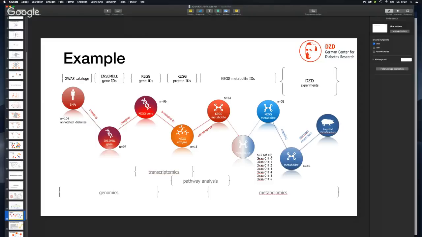In this example, we ended up with 7 small molecules that overlap between a diabetic pig and a diabetic patient. What we can do now is identify those 7 metabolites, these small molecules, and do experiments with them. And maybe we can do some predictions.